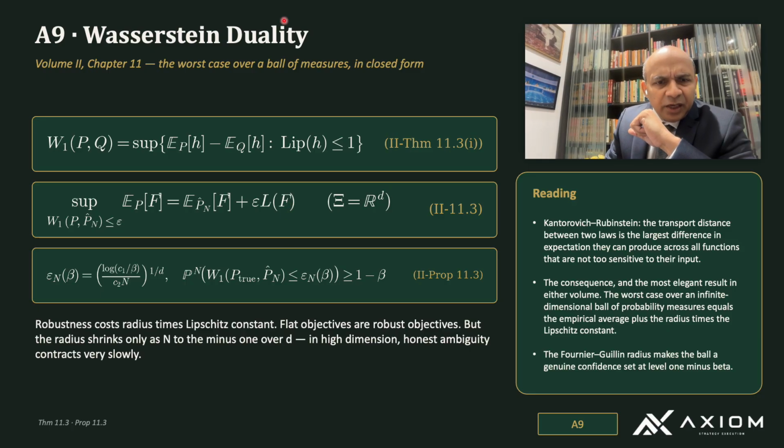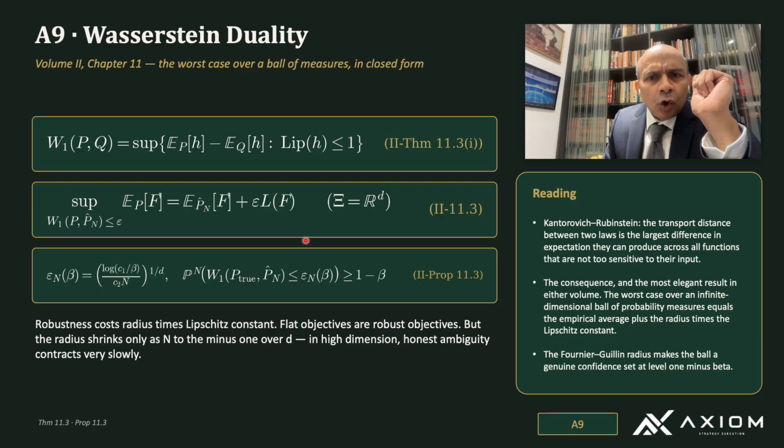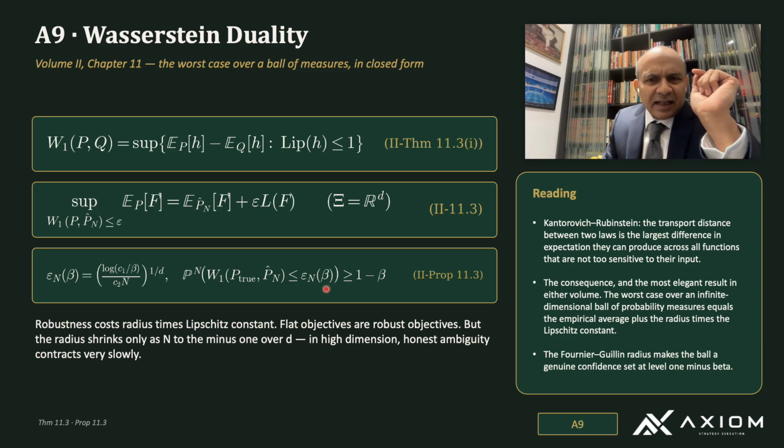And the last equation at the bottom, equation 3, this is the Fournier-Guillin concentration inequality over here. And it makes the ball a genuine confidence set for the unknown law at confidence 1 minus beta over here.